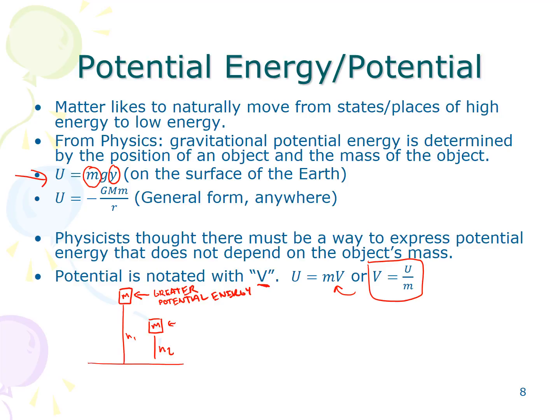And so potential is really important to understand. What's really important too is the difference in potential, this change in height, the change delta H. If you're comparing, you need to compare two points.